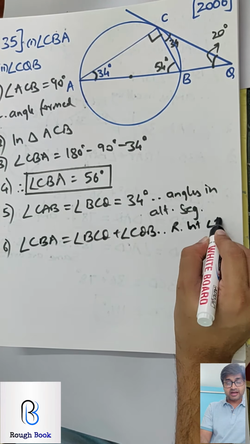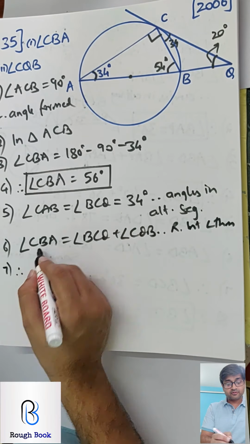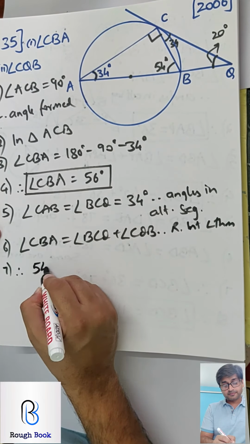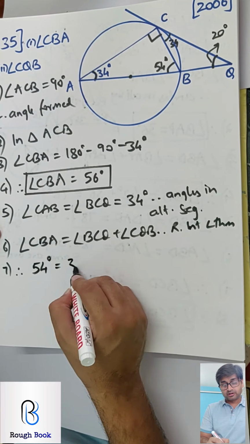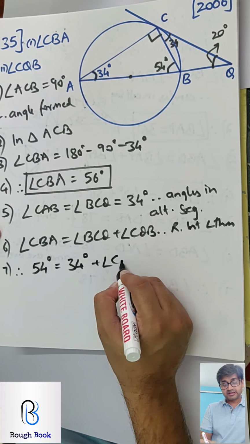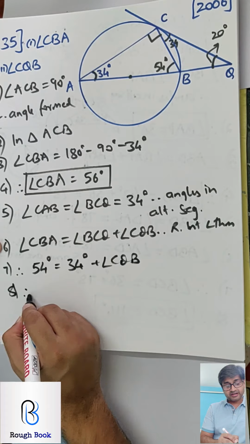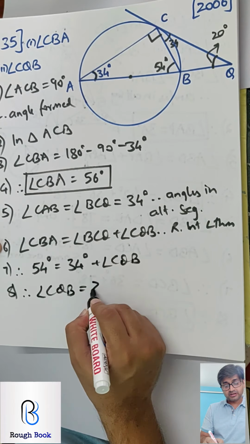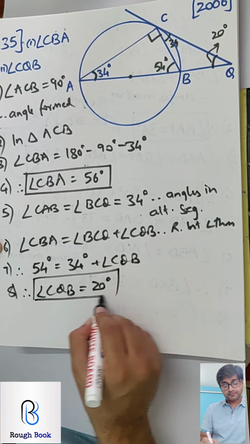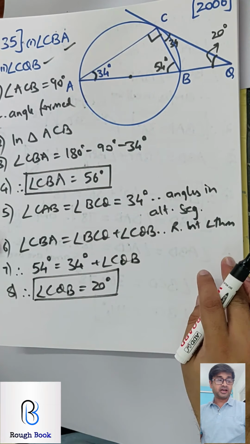Remote interior angle theorem. So therefore, CBA 56, BCQ 34 plus CQB. So finally I will say therefore CQB is 20 degrees. So we managed to get both the angles.